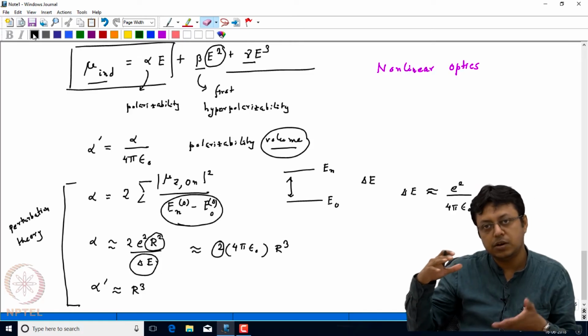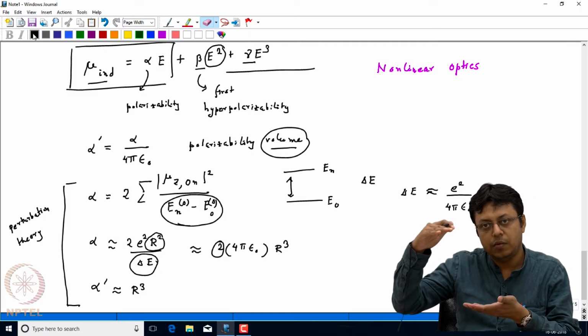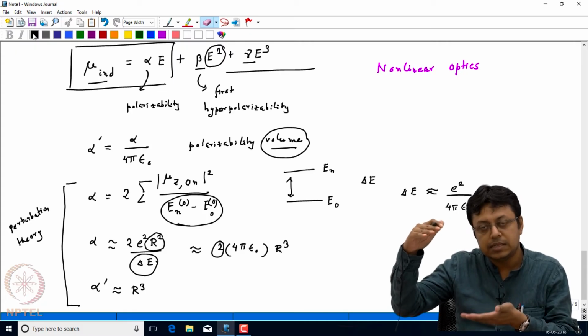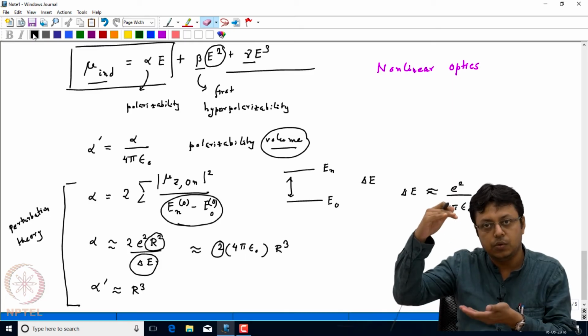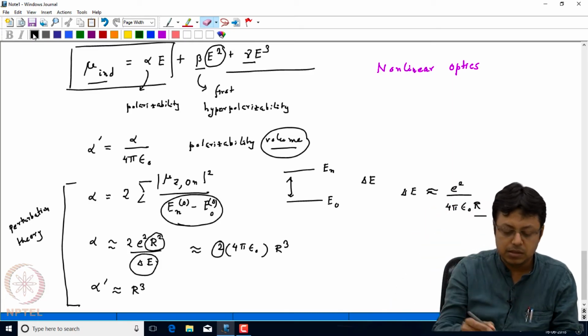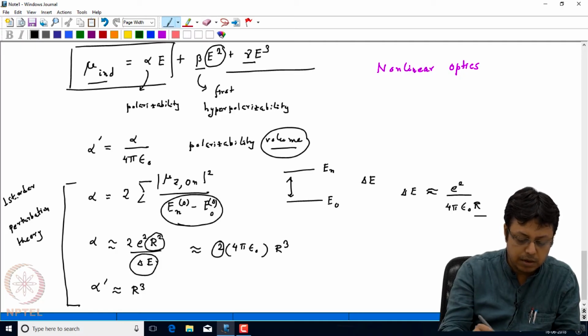So, the first order perturbation theory tells you how the energy level shifts when an external field is applied. The second order perturbation theory tells you what happens when I couple the two energy levels. So, this actually directly comes from the first order perturbation theory.